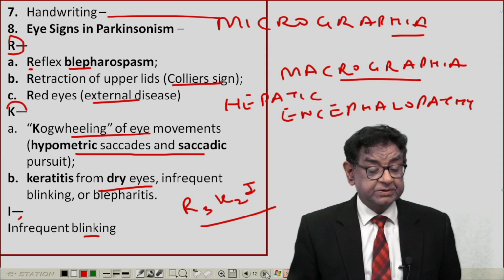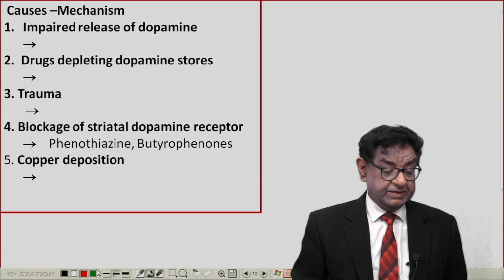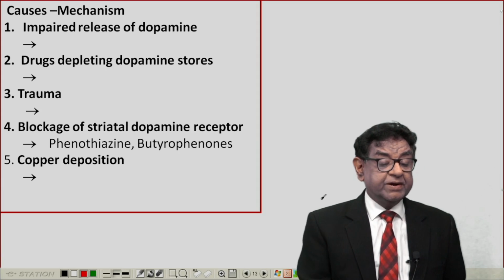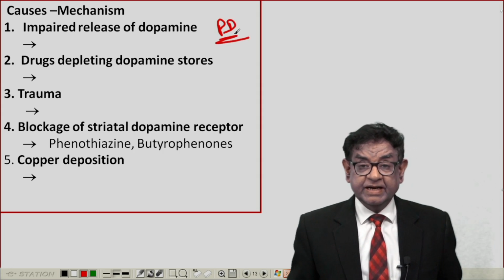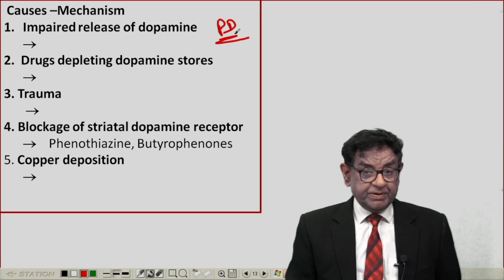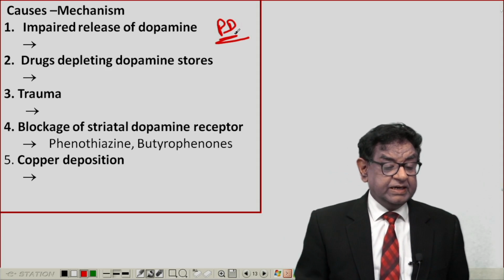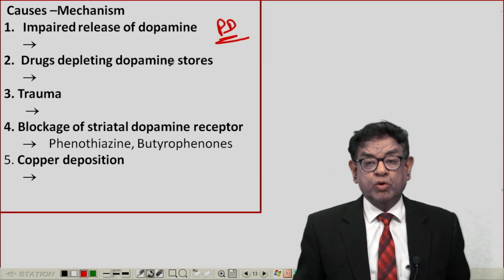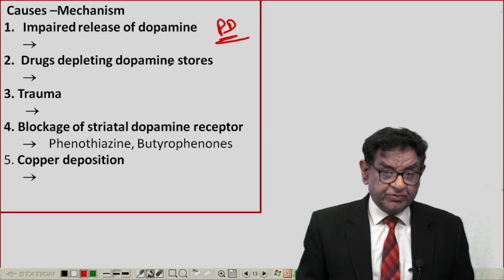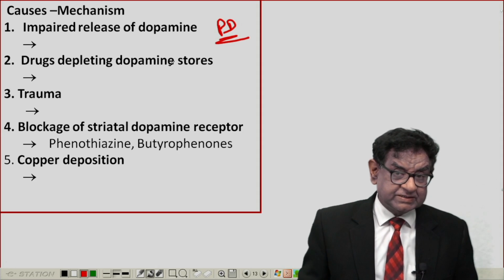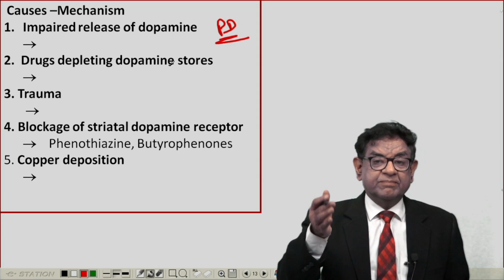Eye signs. Now let's talk about what are the causes of Parkinson. Impaired release of dopamine, this is the main problem in Parkinson disease. And I told you Parkinson disease is a type of idiopathic, primary, seen in elderly people. This is the most common cause. And drugs depleting dopamine store. Obviously, any drug which leads to depletion of dopamine, because now you know the basic concept that reduced dopamine is the main cause.